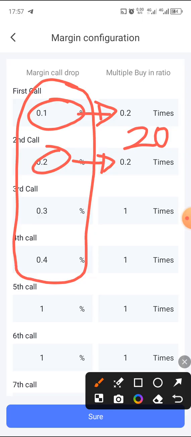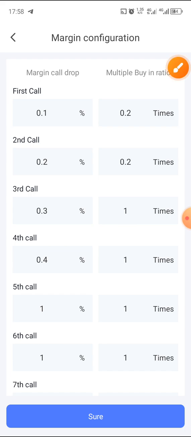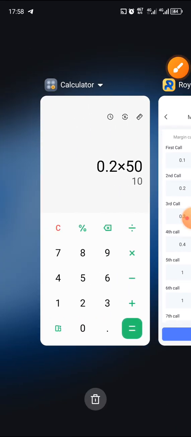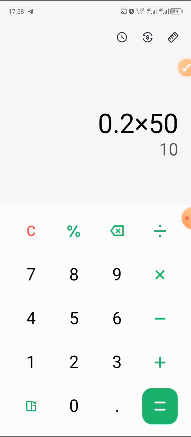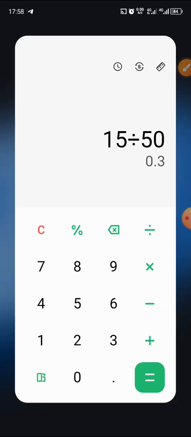So now we are left with margin call number 3 and margin call number 4, which will be $15 and $15. How are we going to get the $15 settings? Again, the same calculation. Just say 15 divided by 50, giving you 0.3.